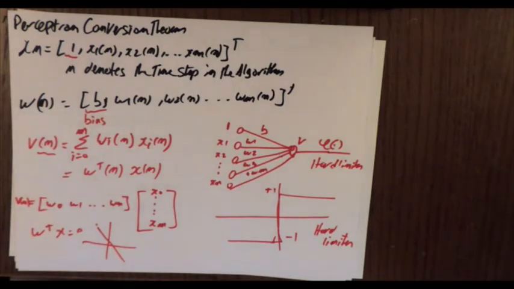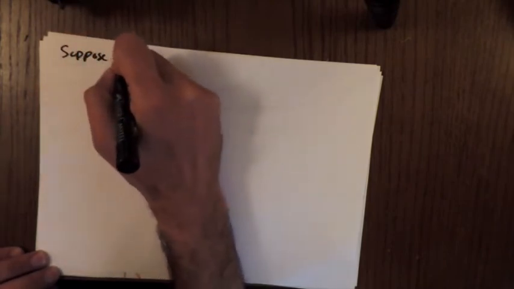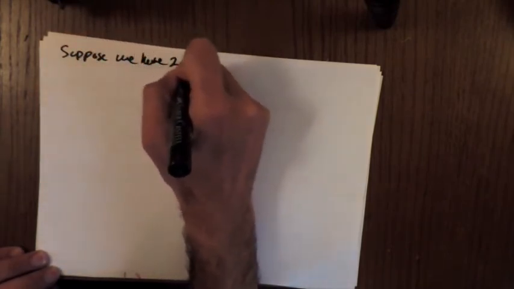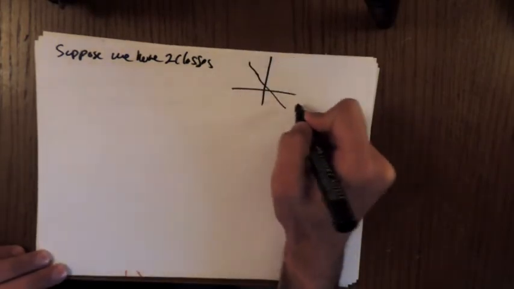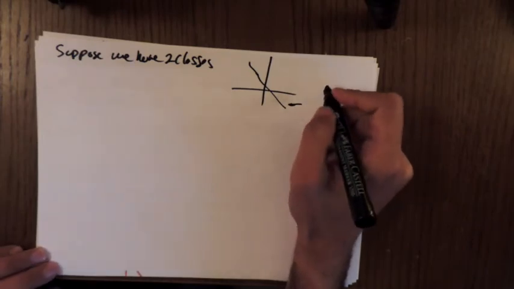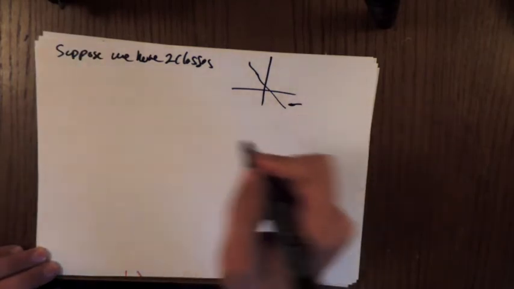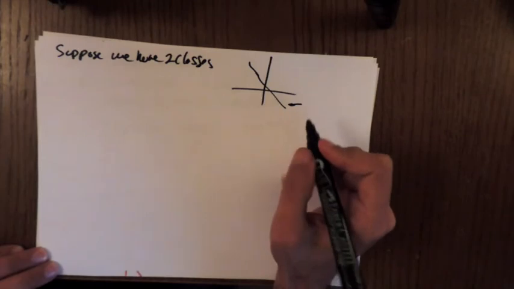Now, if I want to elaborate more on the perceptron convergence algorithm in theory, suppose we have two classes that are linearly separable, and we're trying to find this linear separator, which is the W vector. So what's the learning process? How does it separate those two classes?